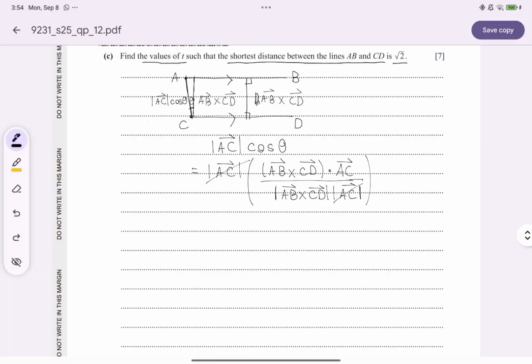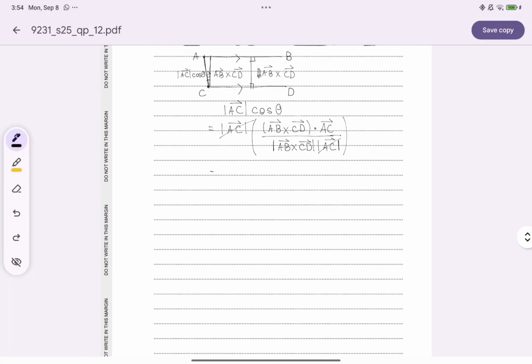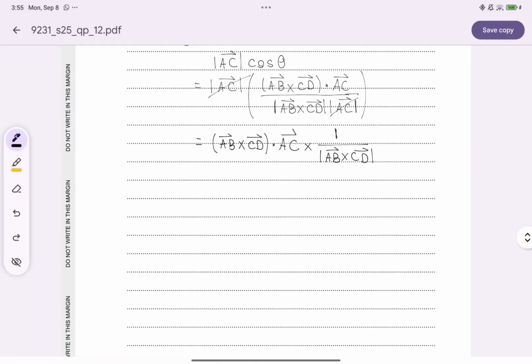As you can see, the magnitude of AC cancels out, so this is our final equation: the vector product of AB and CD dotted with AC, times the reciprocal of the magnitude of the common perpendicular. Okay, so first let's find the common perpendicular.